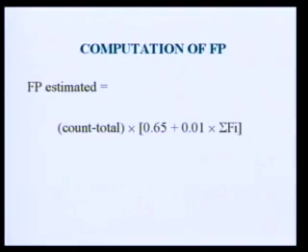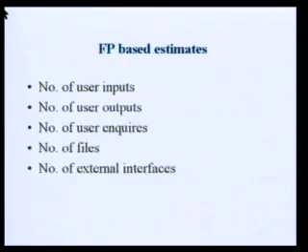After collecting this data, you have to go for a formula. Please have a look at the slide. That is, FP estimated is equal to count total × (0.65 + 0.01 × ΣFi). Basically, here count total is nothing but the total of the numbers you have written earlier: number of user inputs plus number of user outputs, like that.